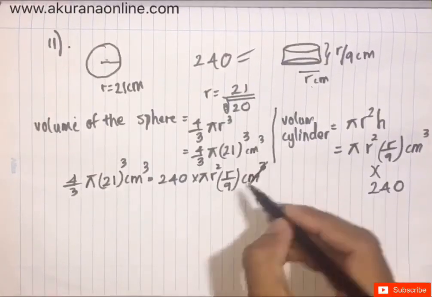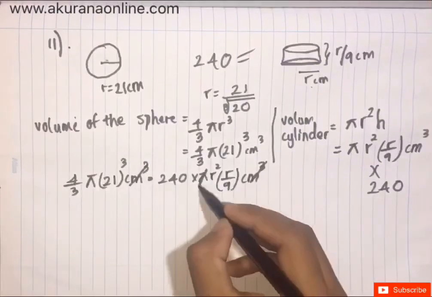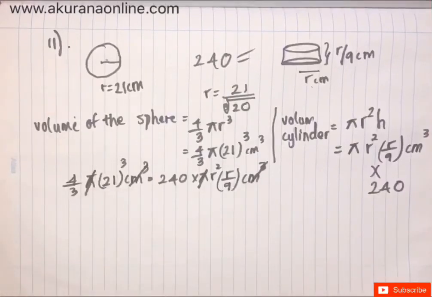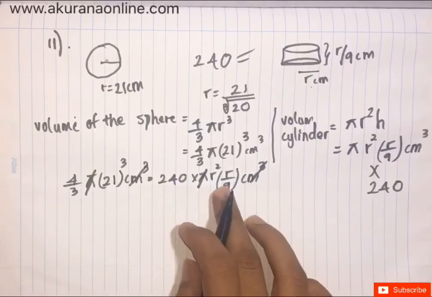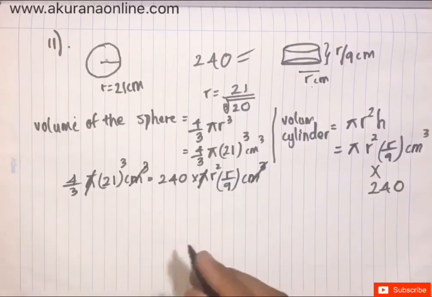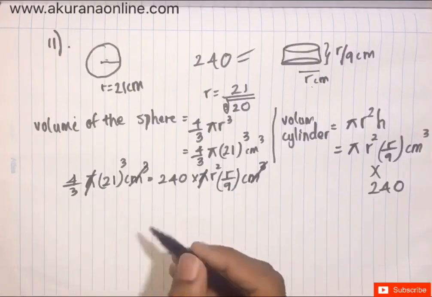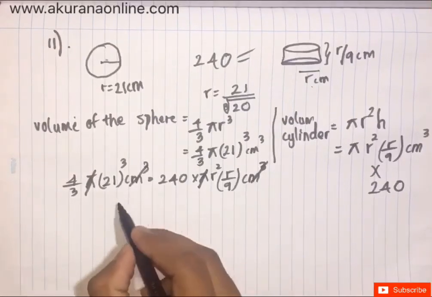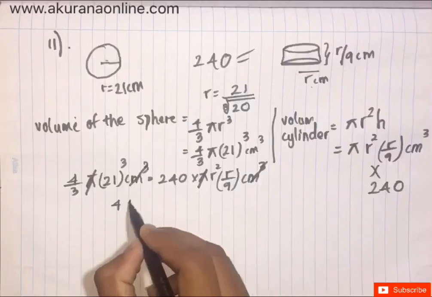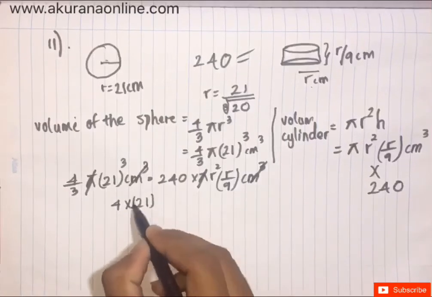Now you can cut off centimeter, and you can cut pi and pi. Now what is left? You can just simplify. You have to make r the subject. You can do it easily, that is, keep all the r to the other side. Take it this way. You have 4, and 21 to the power 3 is there.